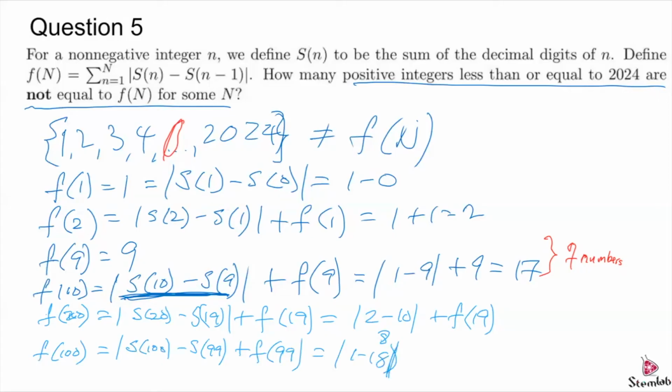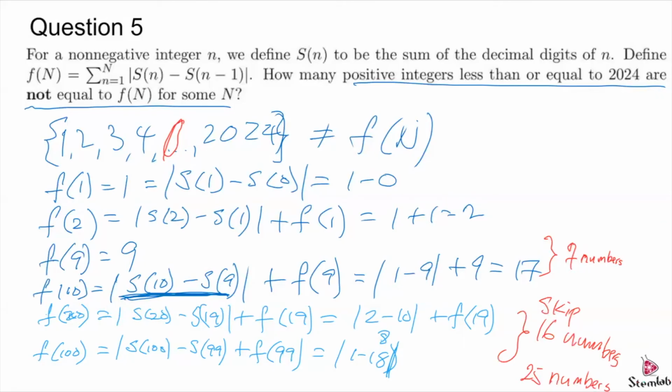So here we skip 16 numbers. And for every 1,000, it ends up that we will skip 25 by the same logic. So we can actually find an expression for the function of a 4-digit number.